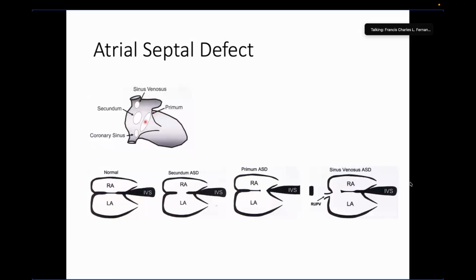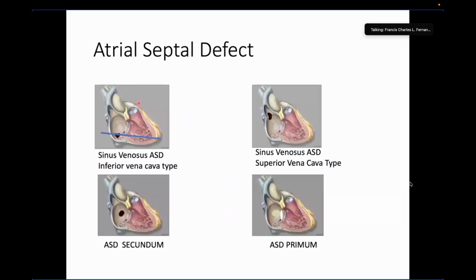But these are the three. Your primum near the AV valves, secundum in the middle, and then the sinus venosus type. Okay?